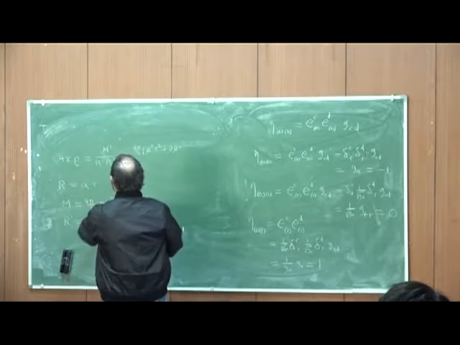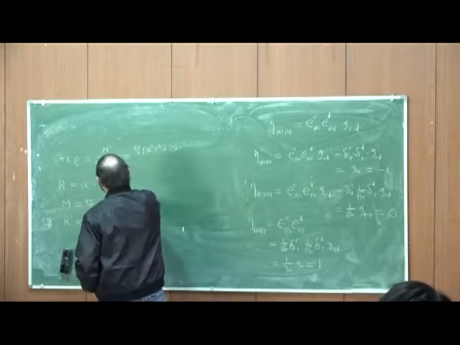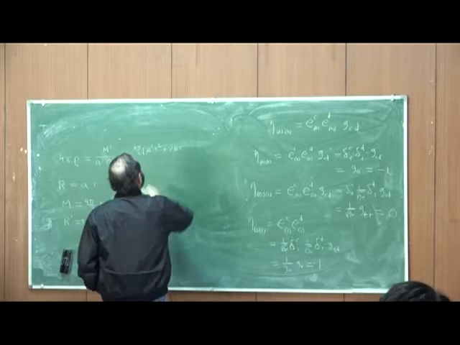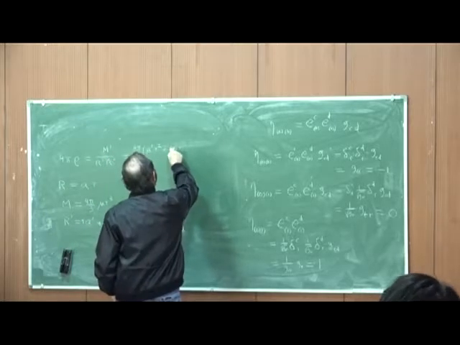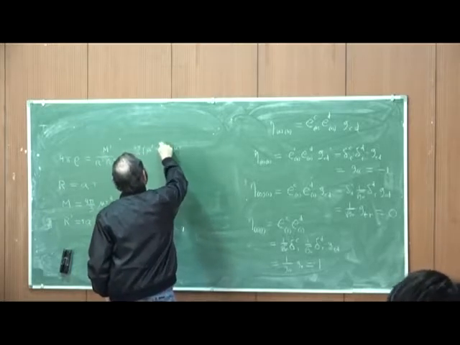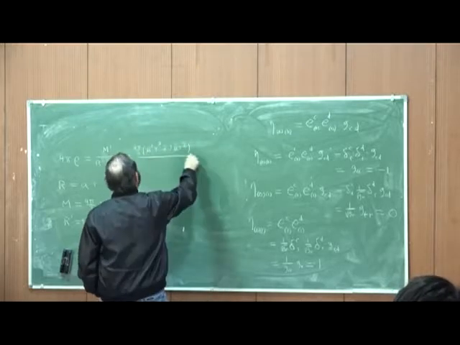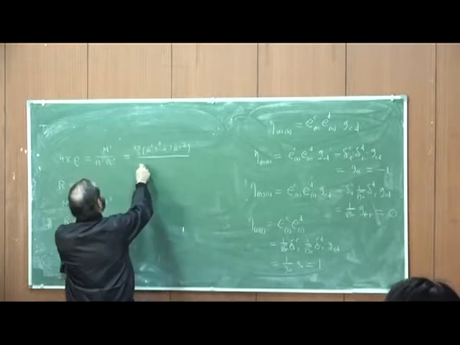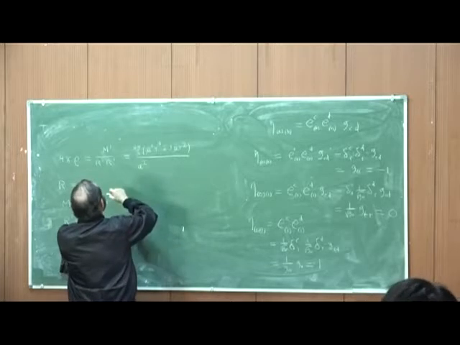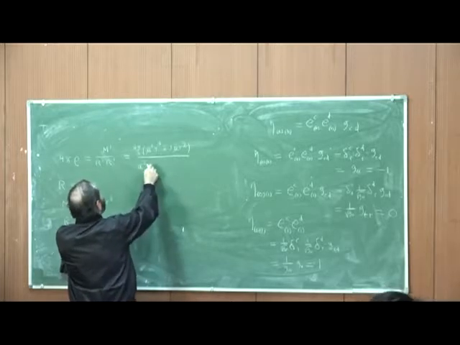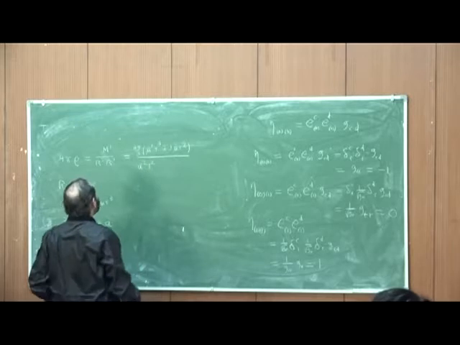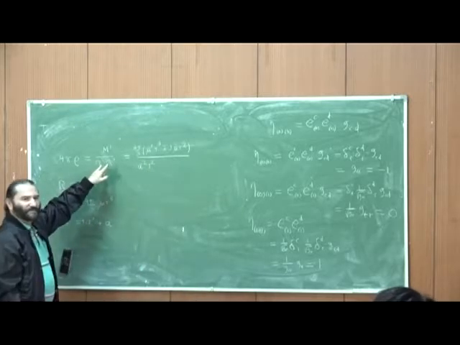No, sorry, here is q. So this is 3. This is going to be a cubed times r squared, right? Just substitution.